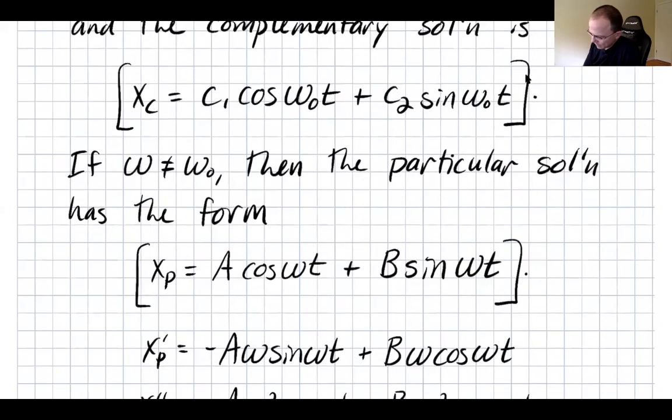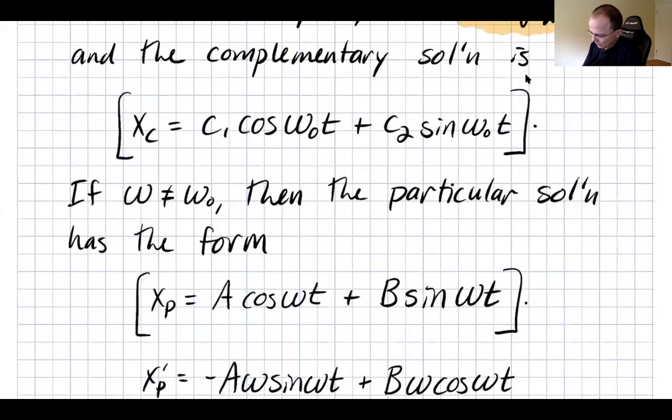We know from last section that the form of the particular solution is all the terms that appear in f and the derivatives of f. So that's going to be cosine omega t and sine omega t. And since omega is different than omega naught, these terms are not solutions of the homogeneous equation.